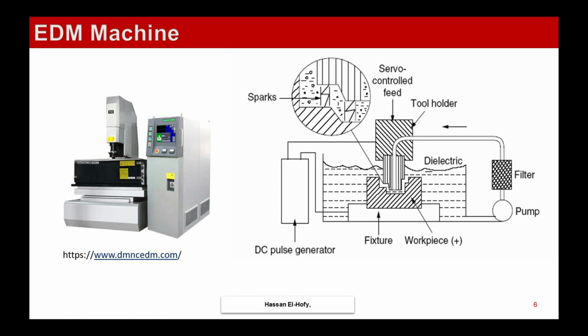We have a pulsed power supply, a DC generator in a pulsed form, and you see at the top the sparks are occurring at the narrowest distance between the cathode tool and anode workpiece. On the left-hand side you can see the most recent EDM machine with the power supply and control system and the dielectric container.